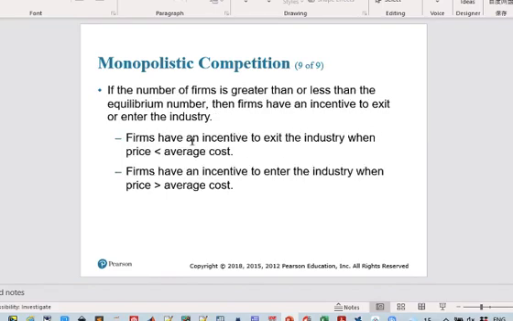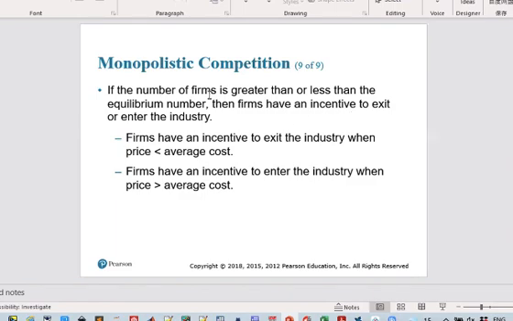The slide says the number of firms is greater than or less than the equilibrium number. I don't like to read it this way, it's kind of confusing, so let's read it this way. If the number of firms is greater than the equilibrium number, then firms have an incentive to exit.